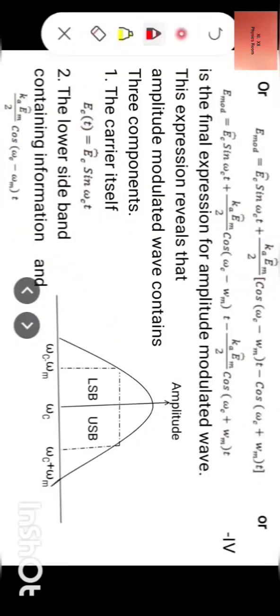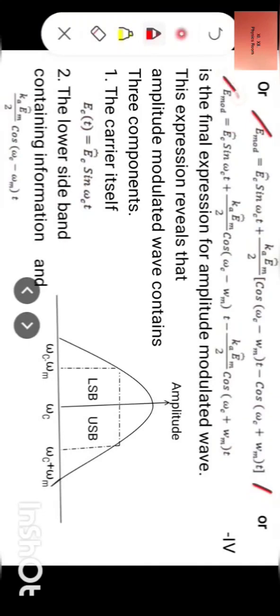Okay. Now further, using the formula 2 cos A cos B as cos(A minus B) minus cos(A plus B), we can write equation 3 as E mod is equal to E_c max sin omega_c t plus Ka E_m max divided by 2 into [cos(omega_c minus omega_m)t minus cos(omega_c plus omega_m)t].